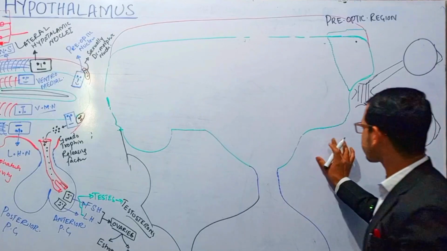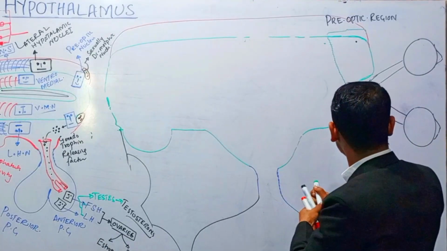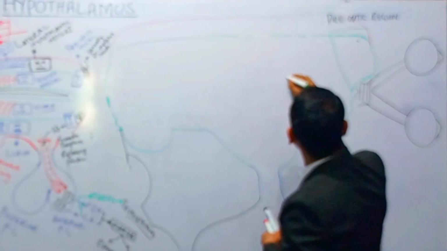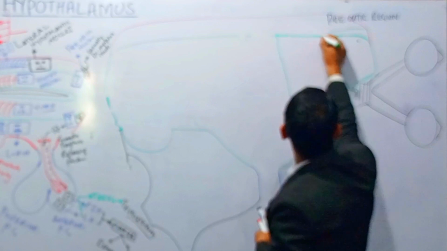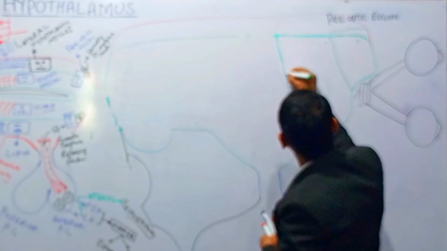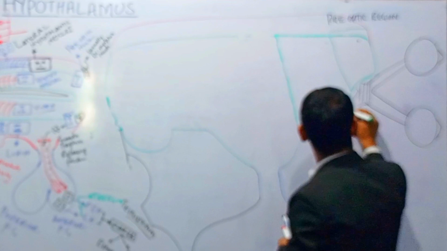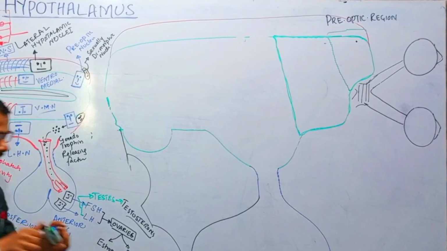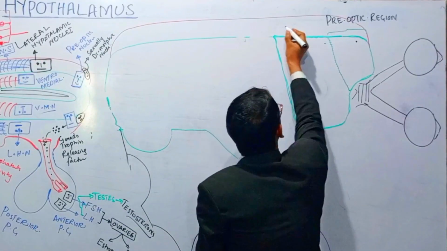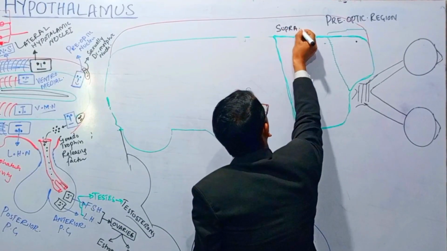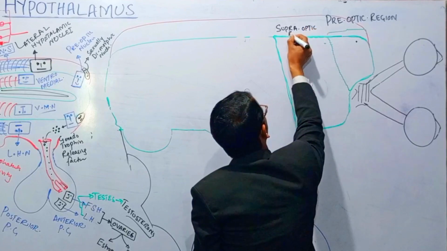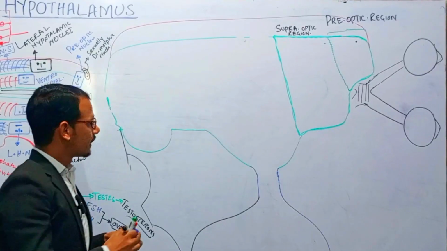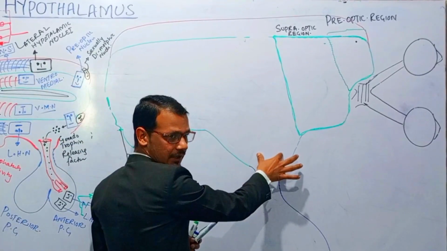Right? Now, this is the second region, and this region is called the supraoptic region. This is the second region of the medial hypothalamus. Right?